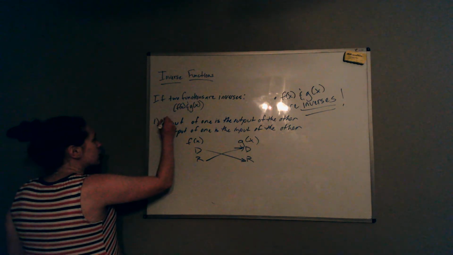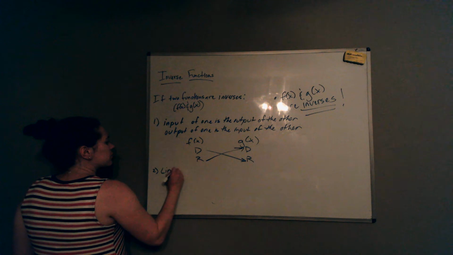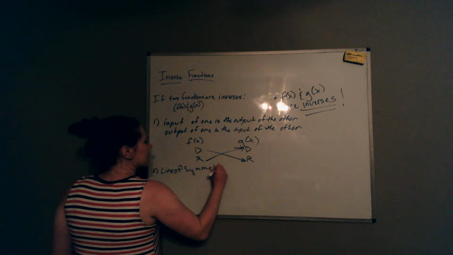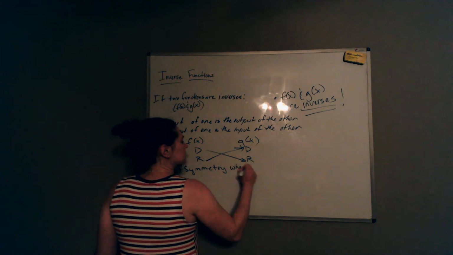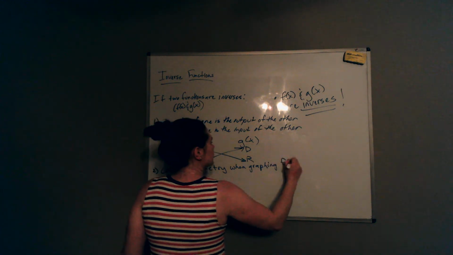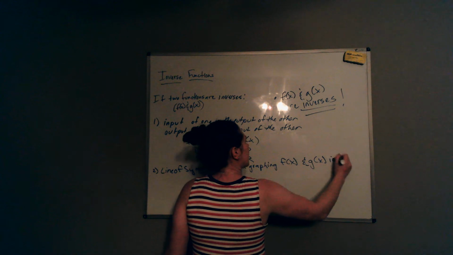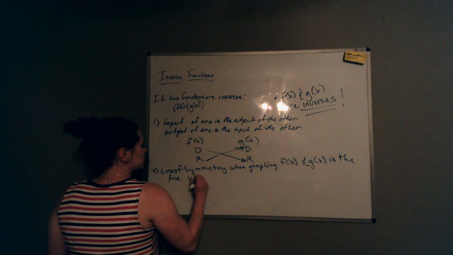So that's number one. Number two, when you graph them both, when graphing f of x and g of x, the line of symmetry is the line y equals x.